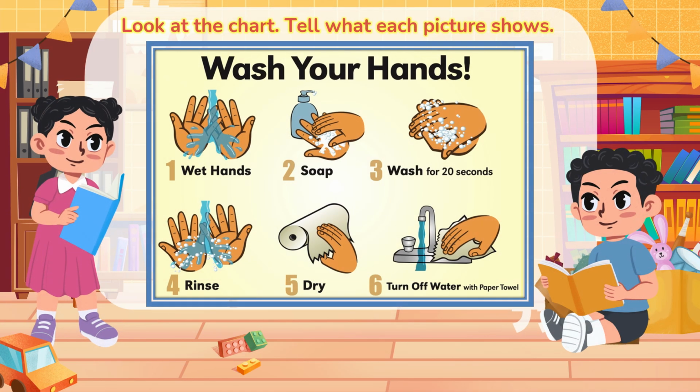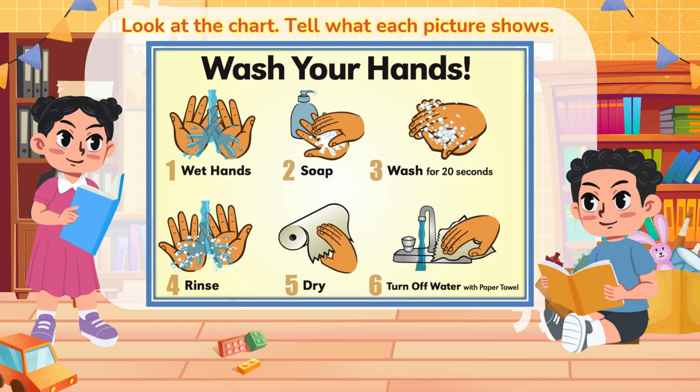Look at the chart and tell me what each picture shows. Okay, everyone say, wash your hands. Repeat, wash your hands. Now look at number 1. What does it say? Wet hands.